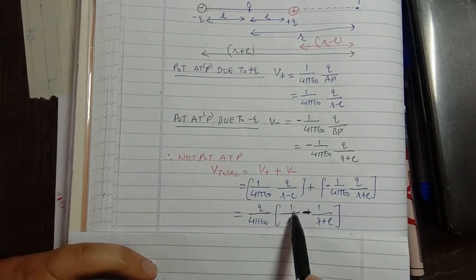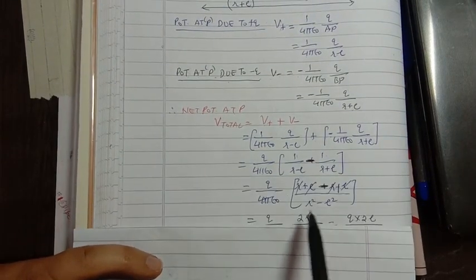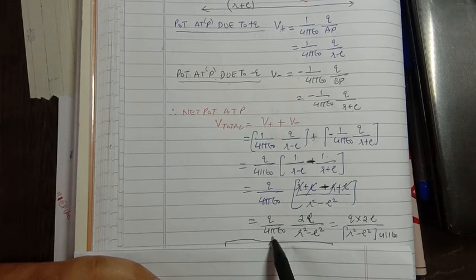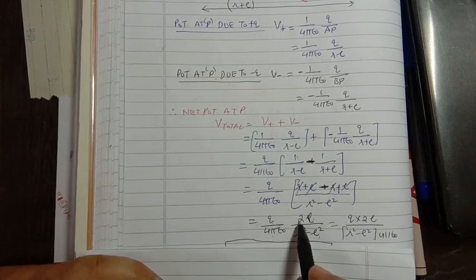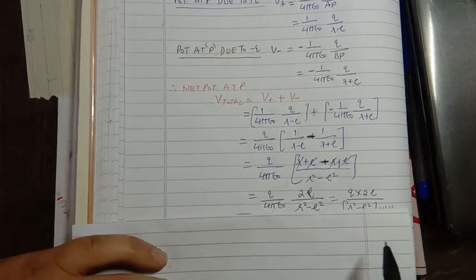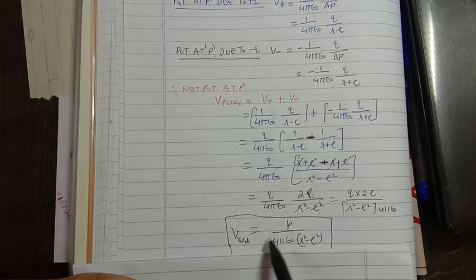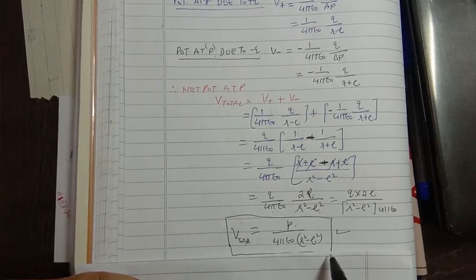So we are left with 1 over r minus L minus 1 over r plus L. If we solve it, we get q over 4 pi epsilon naught 2L over r square minus L square. And q into 2L is nothing but the dipole moment of the electric dipole. So the electric potential at the observation point is p over 4 pi epsilon naught times r square minus L square.